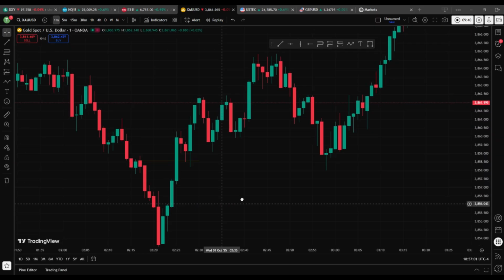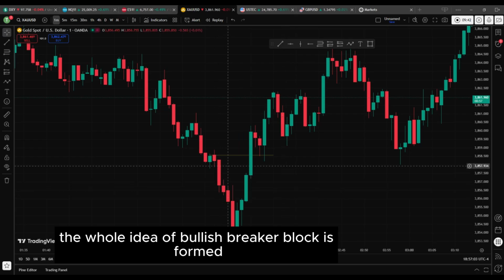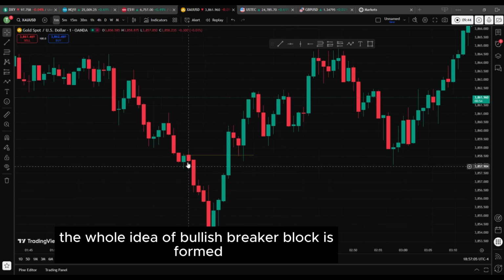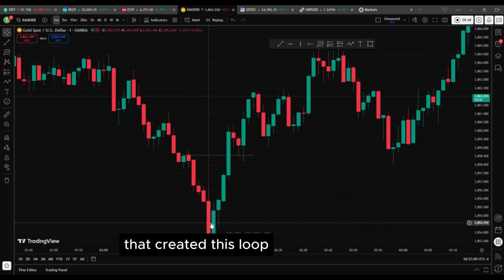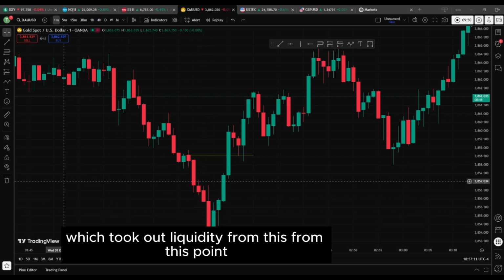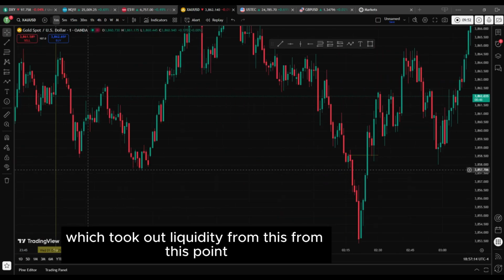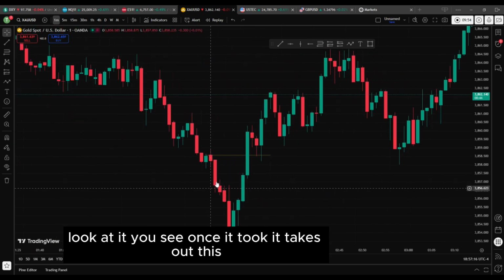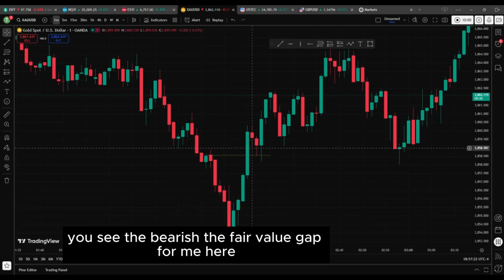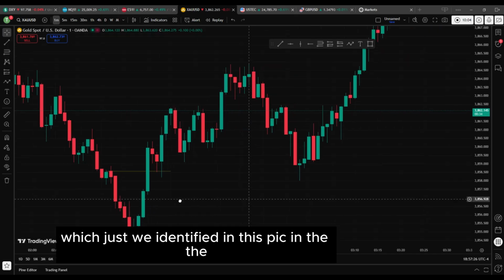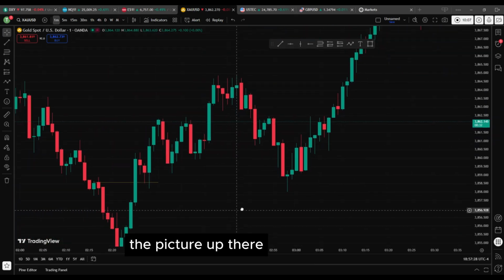Well, the whole idea of a bullish breaker block is formed. This is the last bearish order block that created this low, which took out liquidity from this point. Look at it. Once it takes out this low and the liquidity, you see the fair value gap forming here, which we identified in the picture up there.